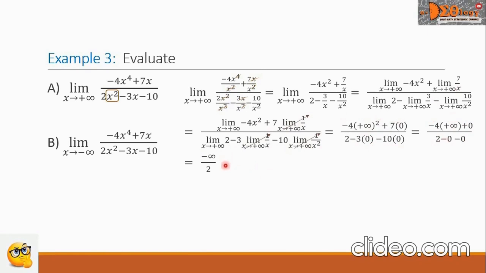All over the denominator is simplified into 2. The negative infinity over positive 2 is simply negative infinity. This is our final answer. Let us copy this answer below problem A.